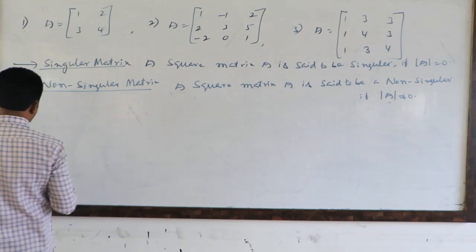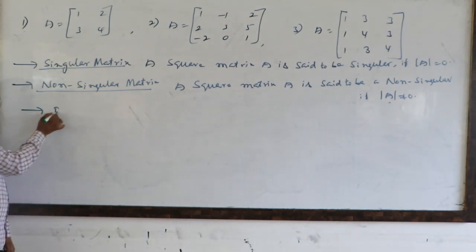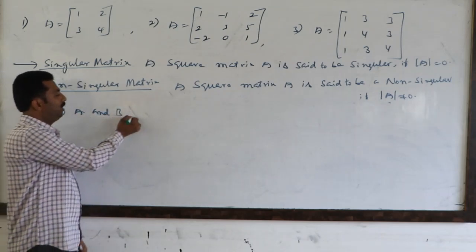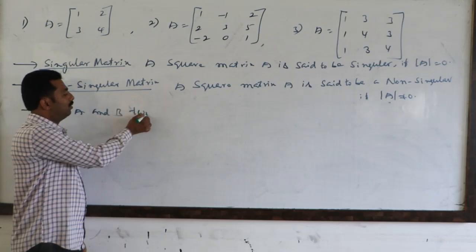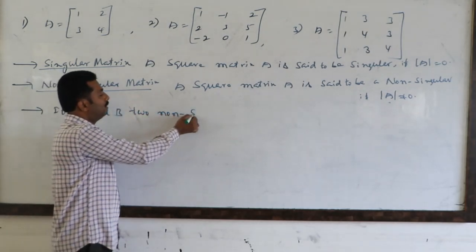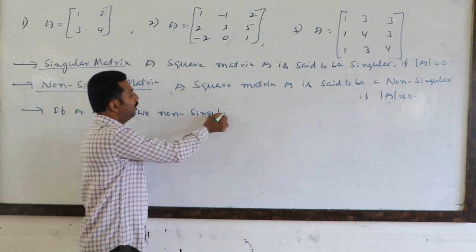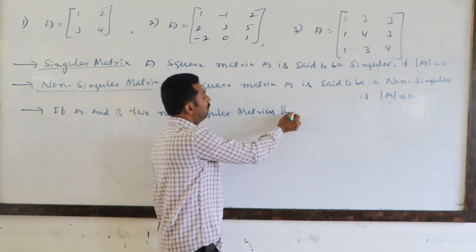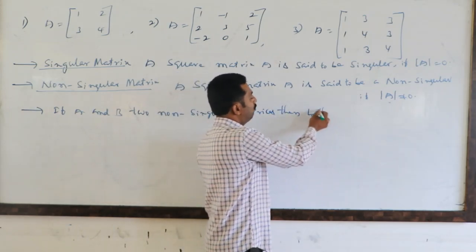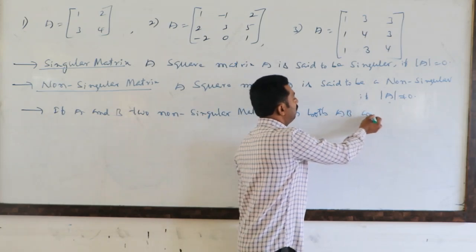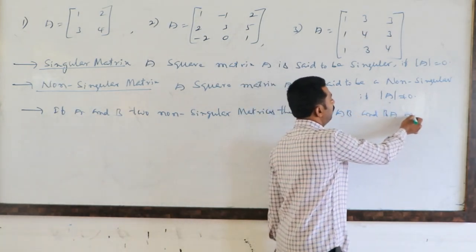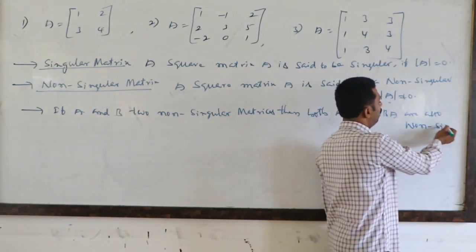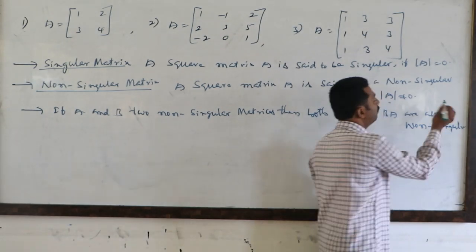See here, if capital A and B are two non-singular matrices, then both AB and BA are also non-singular. We have to prove this.